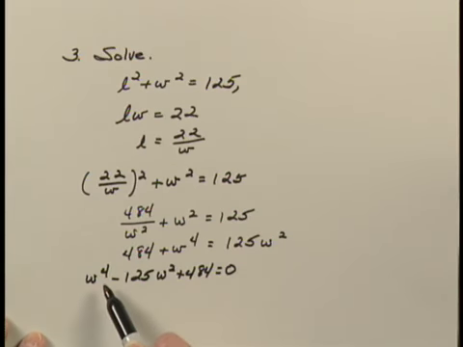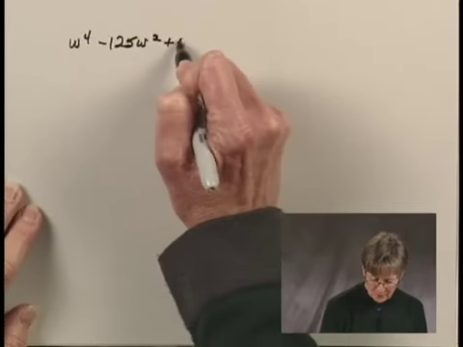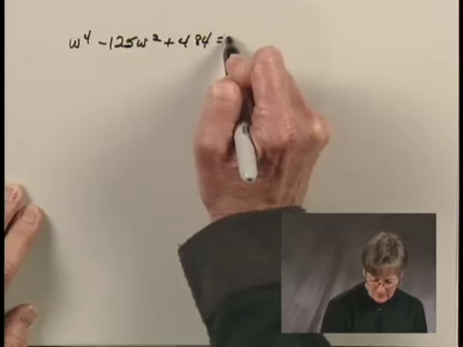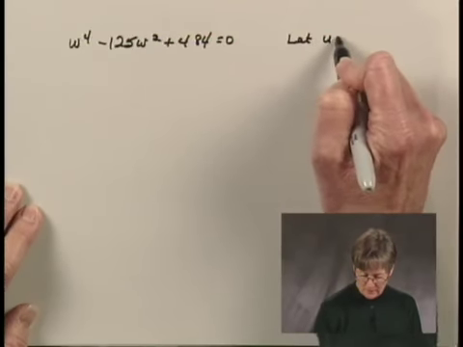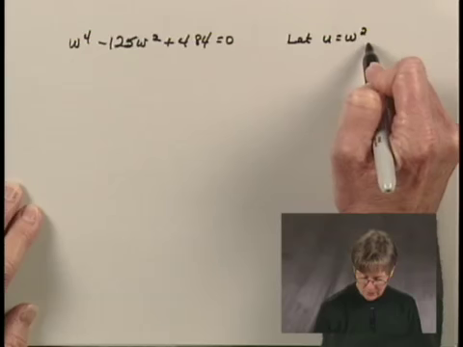Now, this is a 4th degree equation, but it's quadratic in form. So let's proceed to solve it. Remember, the equation is W to the 4th power minus 125 W squared plus 484 equals 0. Let U be equal to W squared.